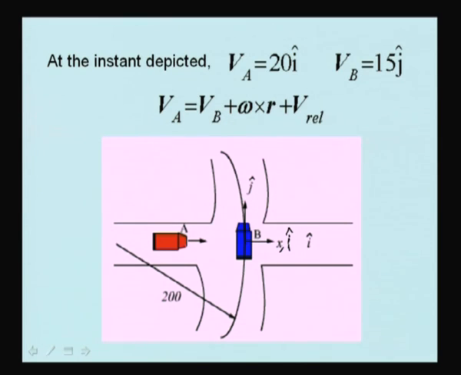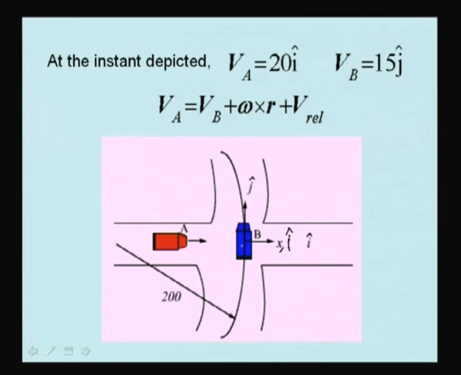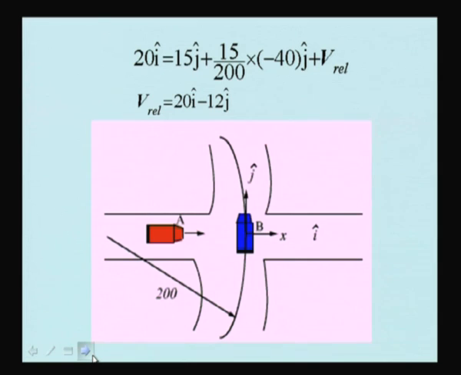Therefore, velocity of A is given by velocity of B, which is the velocity of the origin of the reference frame, that is the same as the velocity of the car, plus omega cross R plus VL, which is the velocity as seen in the moving reference frame, or as seen by the driver in car B. Putting the values, VA is equal to 20i is equal to 15j plus 15 by 200, which is the omega, cross minus 40j, because minus 40j is the R, plus VL.